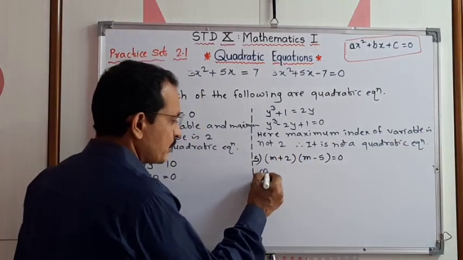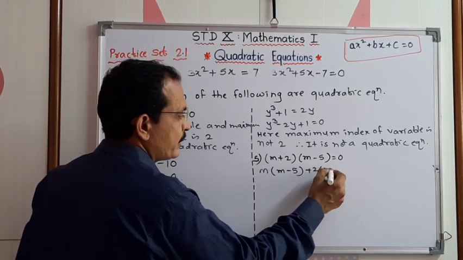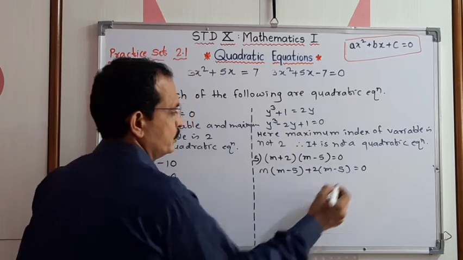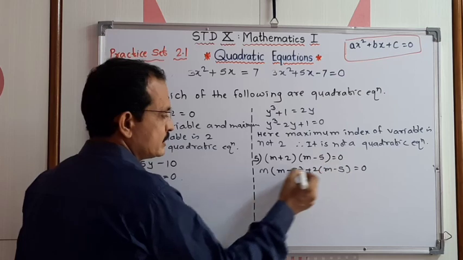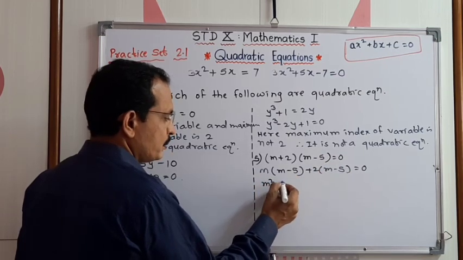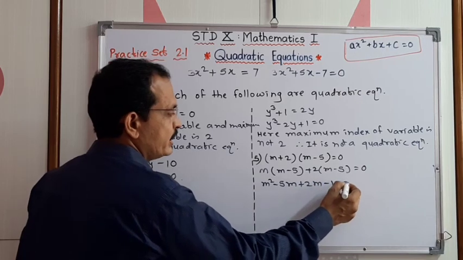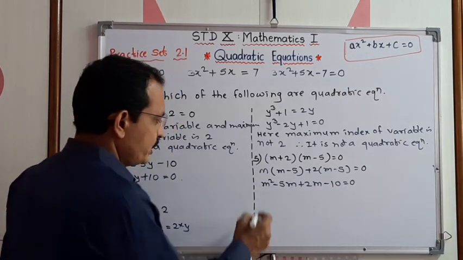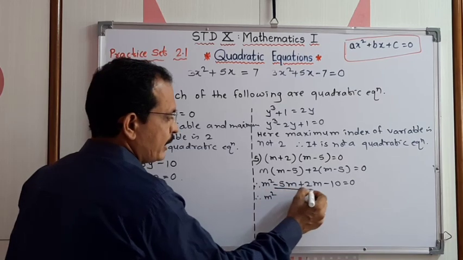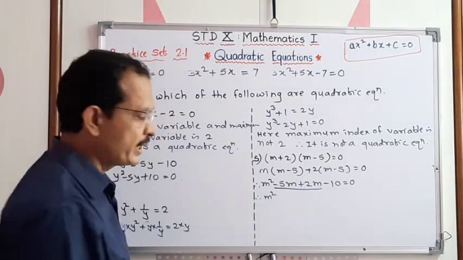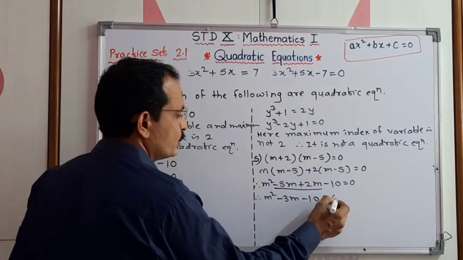That means we multiply this m with m minus 5 and 2 with m minus 5 equal to 0. Therefore, m square plus 2m minus 5m minus 10 equal to 0. Now m square minus 3m minus 10 equal to 0.